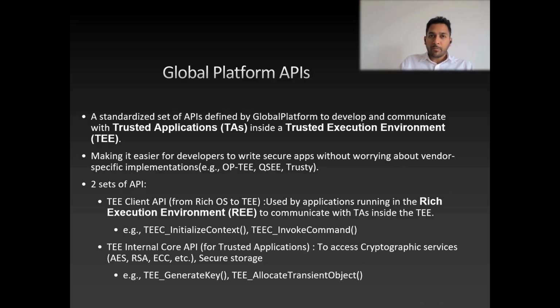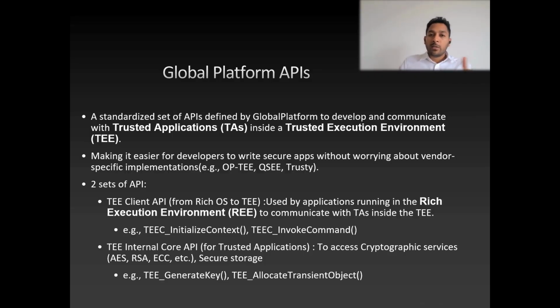In order to enable secure and interoperable communication between your application on the Linux side and the trusted execution environment, Global Platform has defined a standardized set of APIs. These APIs act as a contract, making it easier for developers to write secure apps without worrying about vendor-specific implementation, while being abstracted from the hardware-specific details of the TEE.